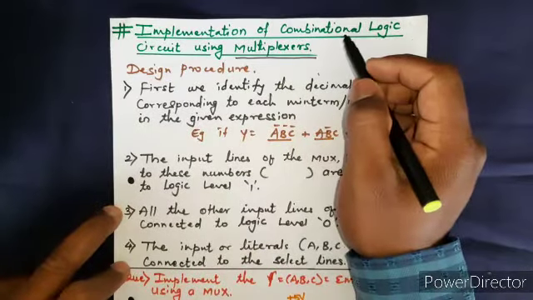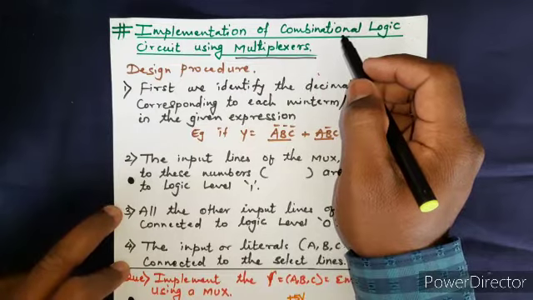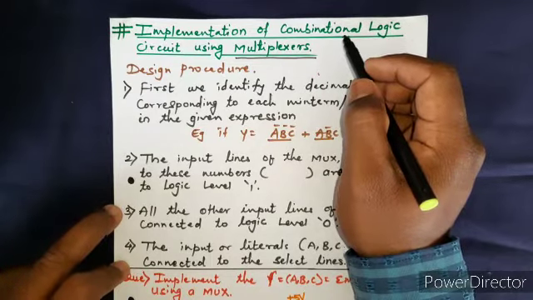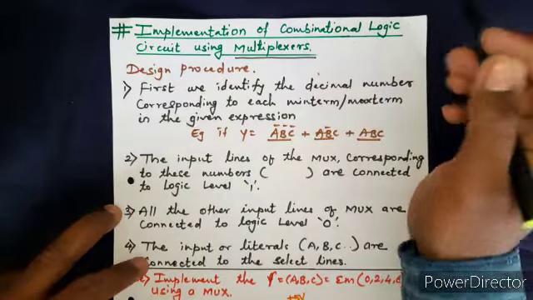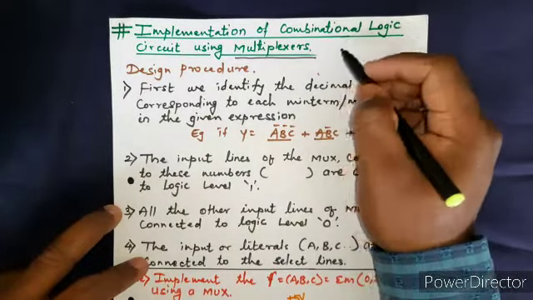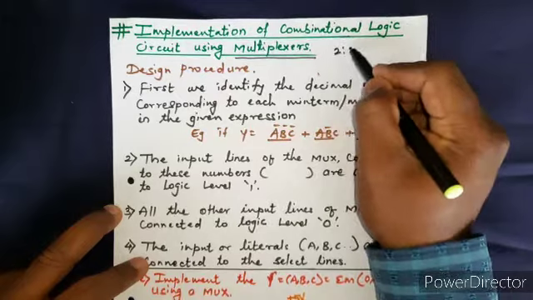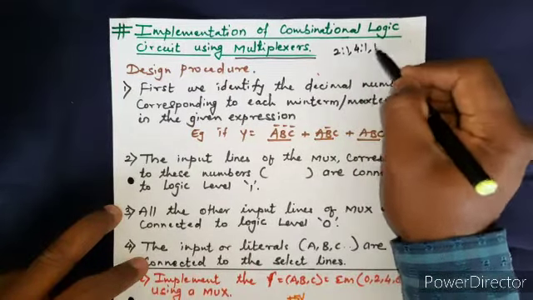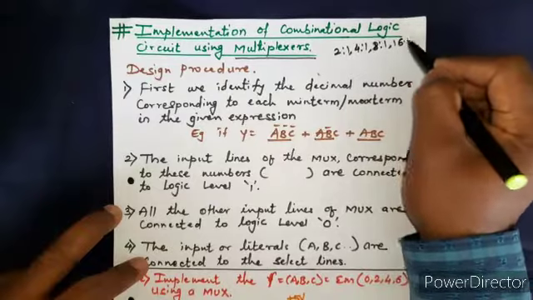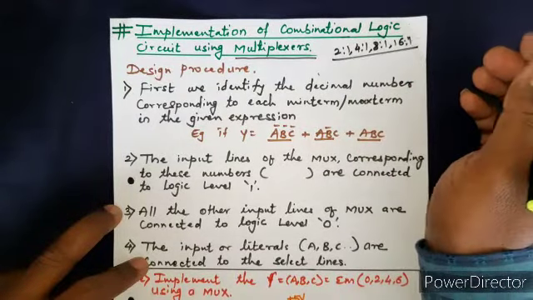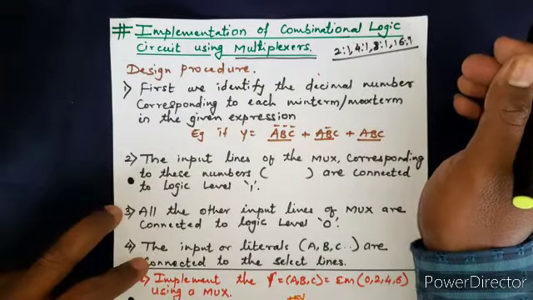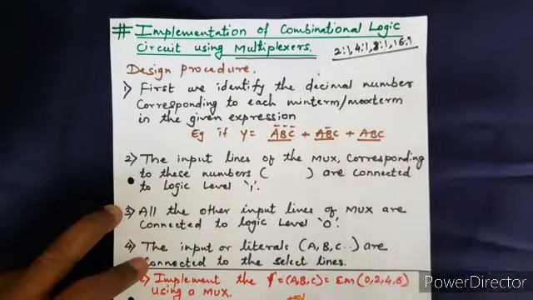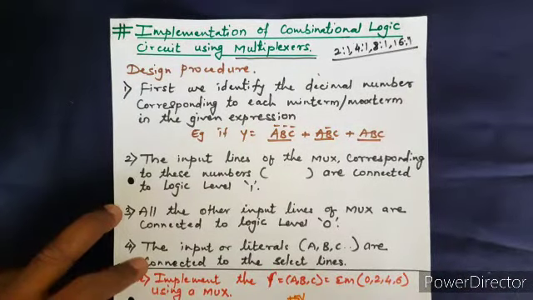Now it depends on the question or the logical expression which multiplexer you are supposed to use. Looking at that equation, you can use any one: 2:1, 4:1, 8:1 or 16:1 multiplexer. These concepts can be taken into much more depth, but as far as our syllabus is concerned, we are not going that deep.